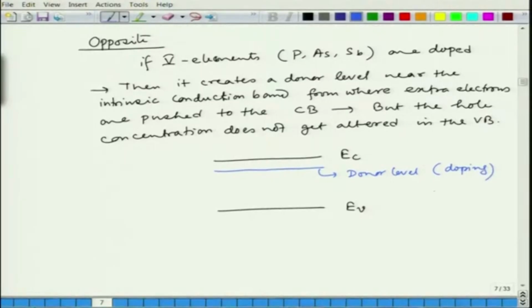Now, whenever you have that, some electrons are pushed from here and you have some extra electrons from the donor level to the conduction level of the intrinsic material. But what you originally had, like if you say that these are the original electrons, only those counterparts will have some hole here. Okay.